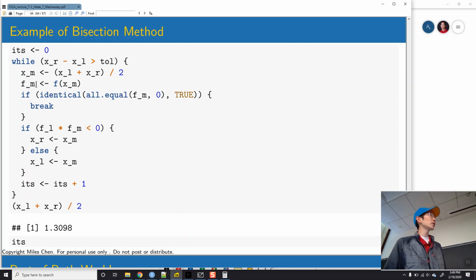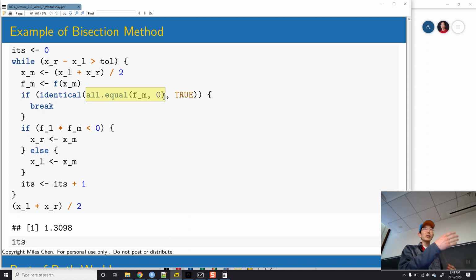And we find the value of the function at the midpoint, okay? All right, and then here, what does this statement do? Why do I do an all equal f at the midpoint 0? What does that do? Okay, so all equal is our alternative to using equal, right? So if I did f at the midpoint equal 0, I'm probably never going to actually hit 0 exactly, because we saw with machine error and stuff, you're not going to get exact values, right? 0.1 plus 0.2 equals 0.3 is false, okay?